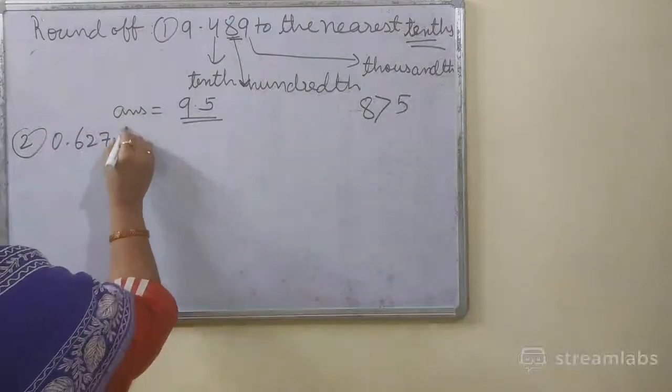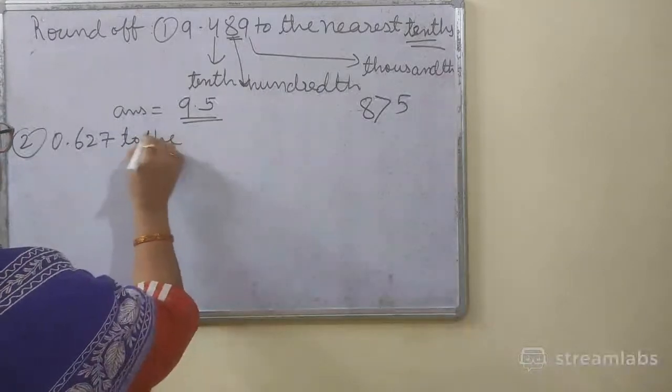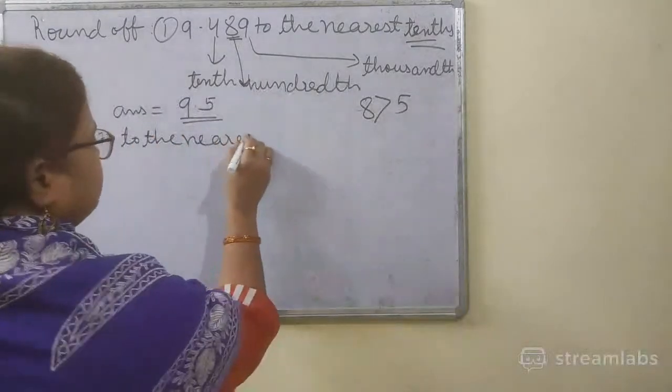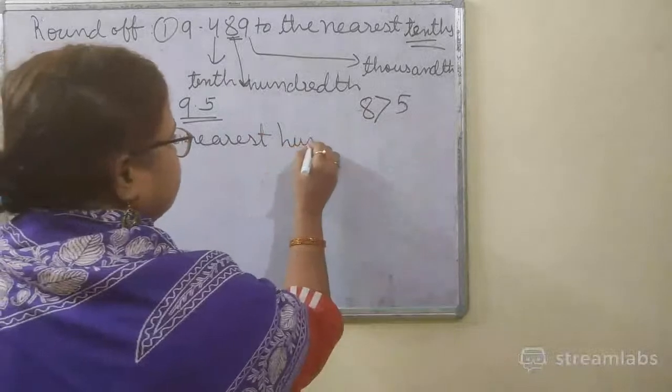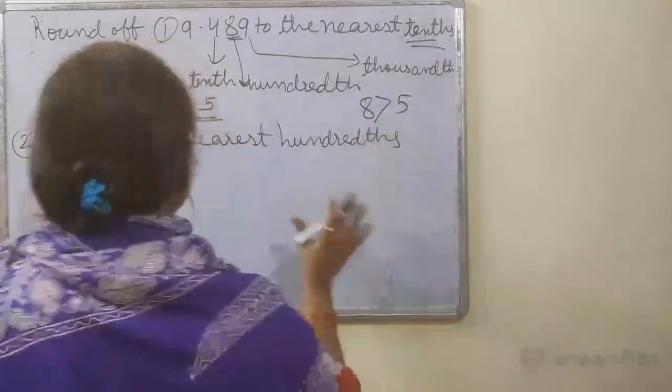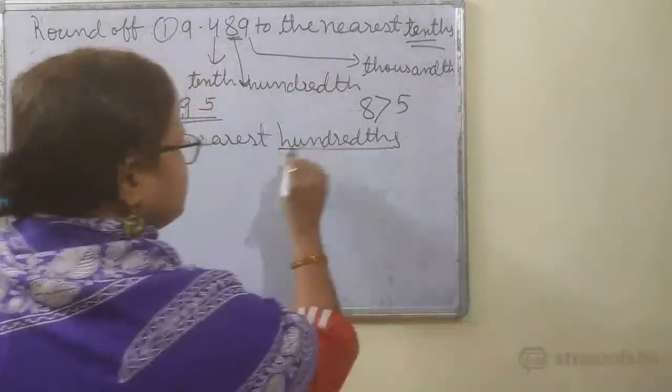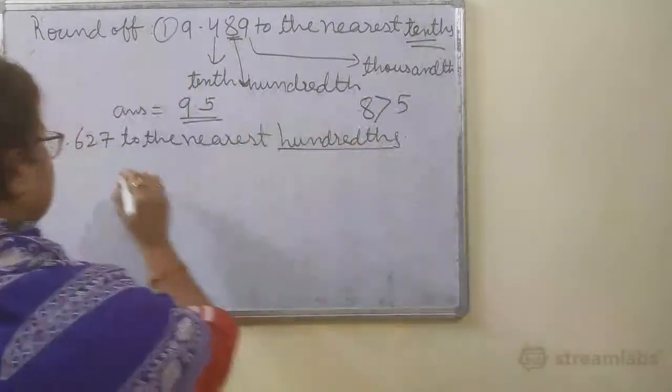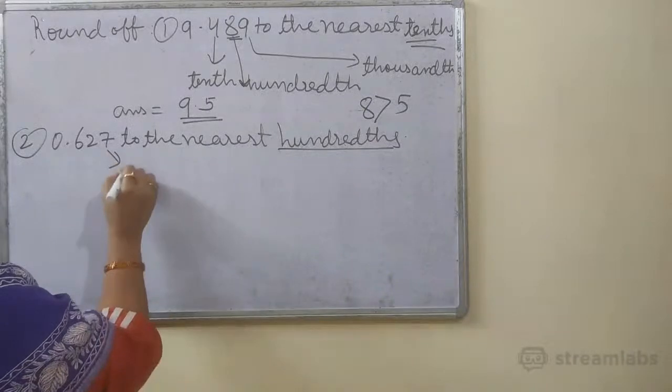0.627 to the nearest hundredths. Okay, to the nearest hundredths means we will see what? Thousandths. Which one is the thousandths? This one.